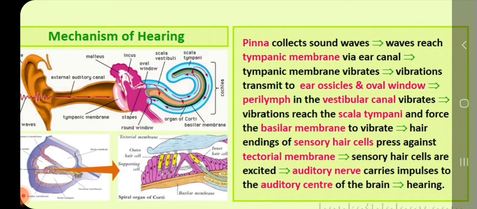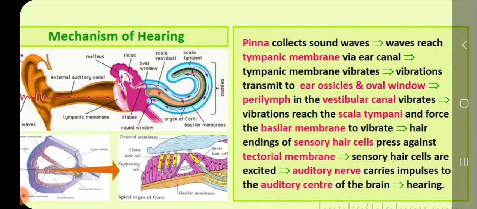That oval window is connected to the cochlea, which is filled with a fluid called the perilymph. So when the vibrations reach the fluid of the cochlea, it starts generating waves in the lymph. Those waves generate a ripple in the basilar membrane.